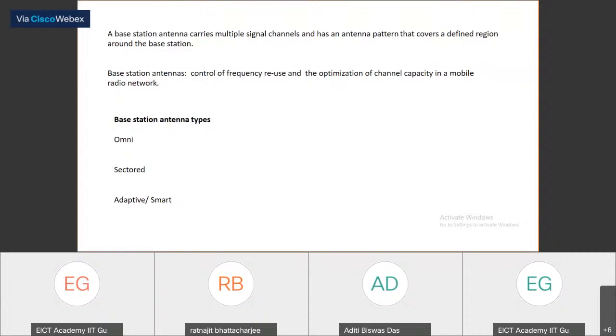You can also increase or decrease the range of the coverage of the base station by controlling certain parameters in the antenna design. So smart and adaptive antennas, these concepts are also used in today's base stations, with varying degrees of application and flexibility.